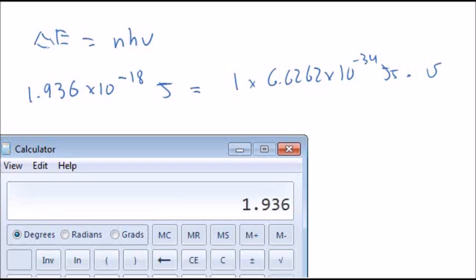So .936 times 10 to the minus 18, divided by 1 times 6.6262 times 10 to the minus 34th.